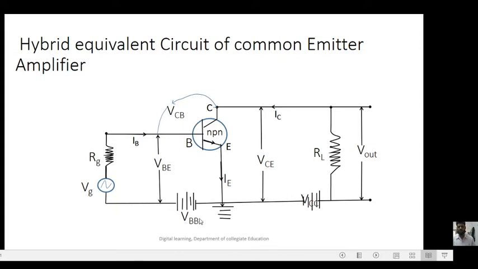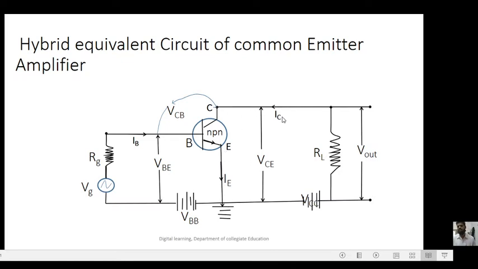VBB is the battery from which energy is supplied to the signal and also to the circuit. NPN is given because of the flow of electrons from base to emitter. IE is the emitter current, which flows from the transistor to the ground.